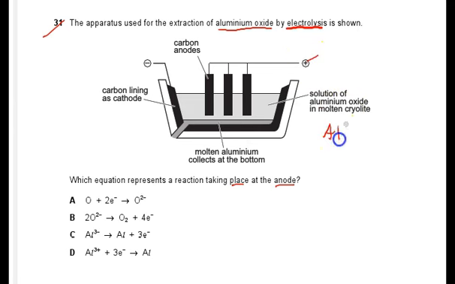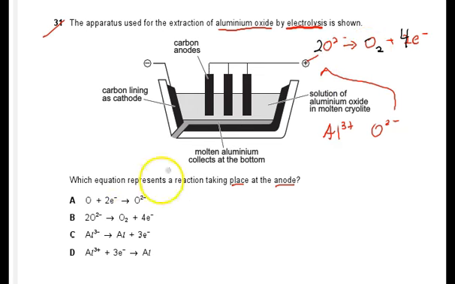So we have aluminium ions and oxide ions. So the oxide ions will be moving to this anode and they'll have their reaction. They will release electrons. Okay, since it appears as oxygen O2, we have to multiply here, make it 4 and make it 2. Okay, so this is the equation. So the answer here will be B.